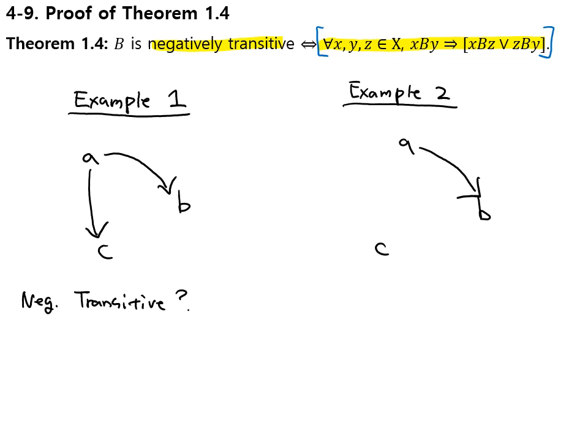To apply the definition, we need to check that whenever any two elements are related, so we can see that A is related to C, then for any third element, either the first component has to be related to the third element, or the third element has to be connected to the second element.